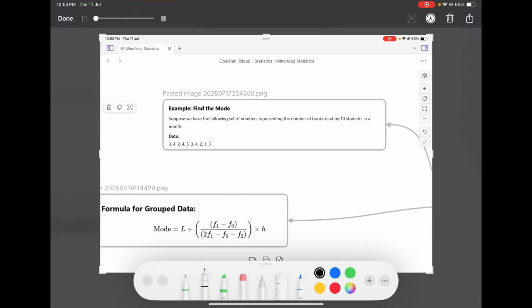Suppose we have a set of numbers representing the number of books read by 10 students in a month, each value corresponding to a particular student. That is 3, 4, 2, 4, 5.